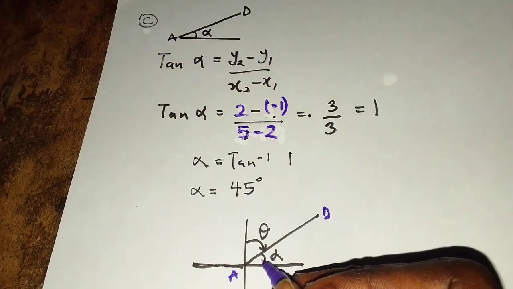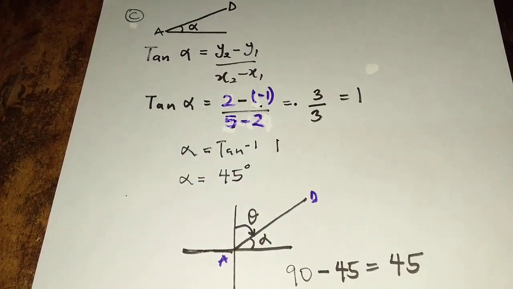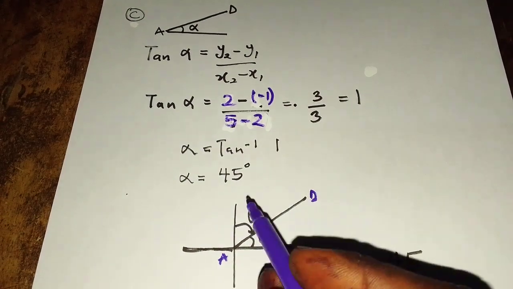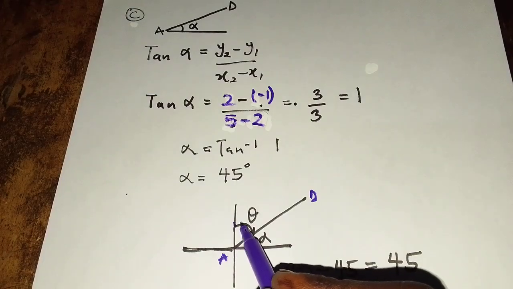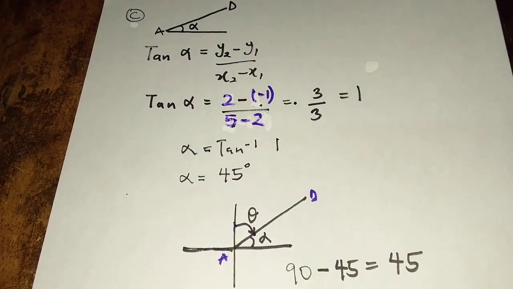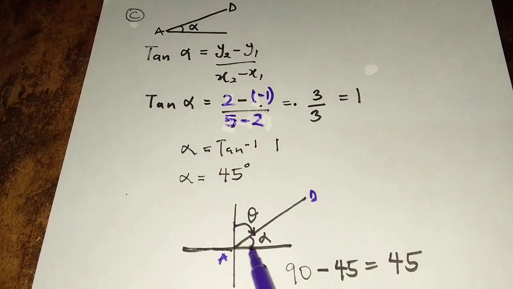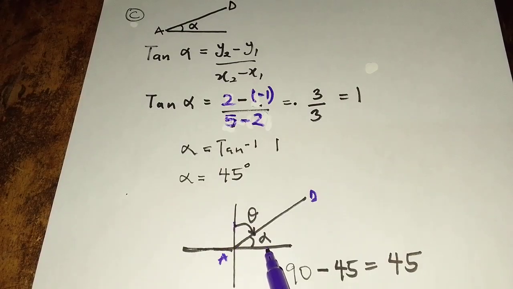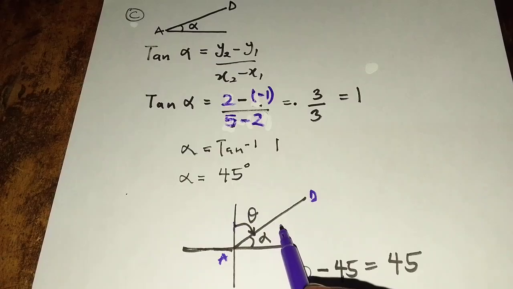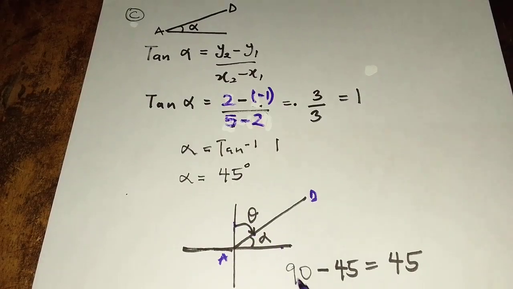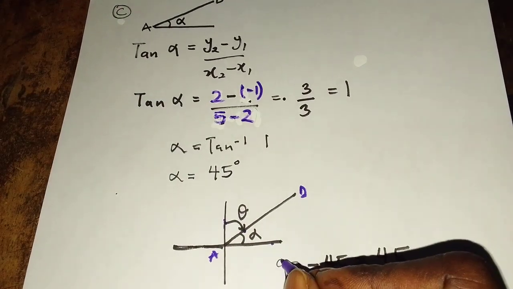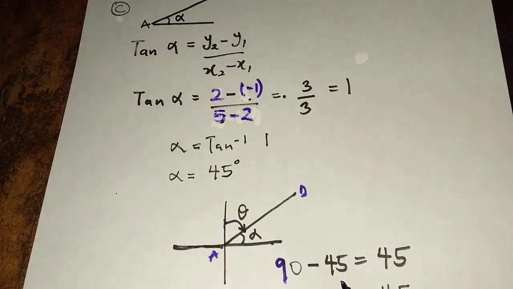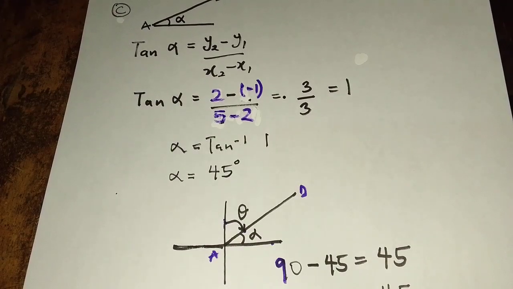So now this angle 45 degrees is the value of this angle, this AD to the horizontal. But the question says we should look for the bearing. Bearing will be from this north pole up to this line. If that is the case, we are going to subtract this 45 from this whole angle, which is 90. So we'll have 90 minus 45 degrees, which is equal to 45.